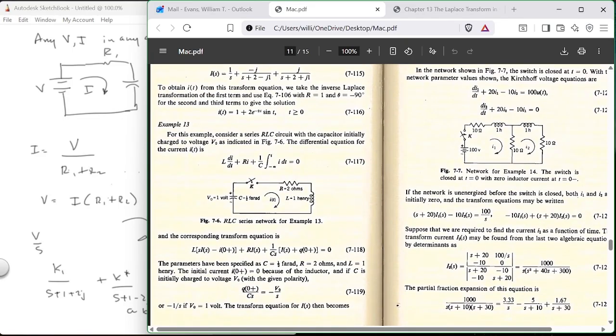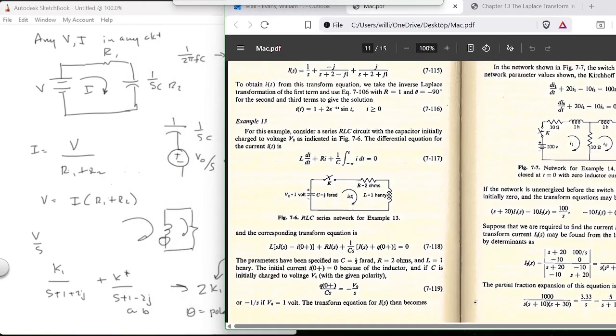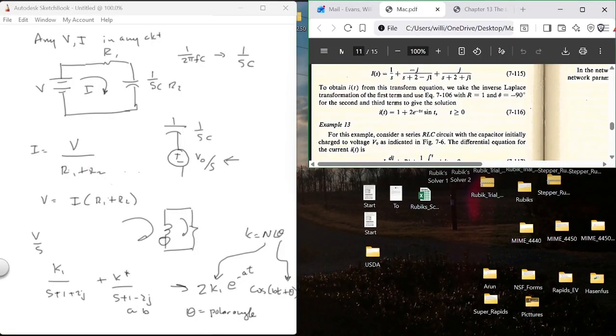So you've got a minus v0 over s for this term right here. So it's 1 over cs times I plus minus v0 over s. So let's write that out and let's see how that comes up to this term over here. Let's just do this all the way through and follow it all the way through. Not just come to the final conclusion like he does, but follow it all the way through.